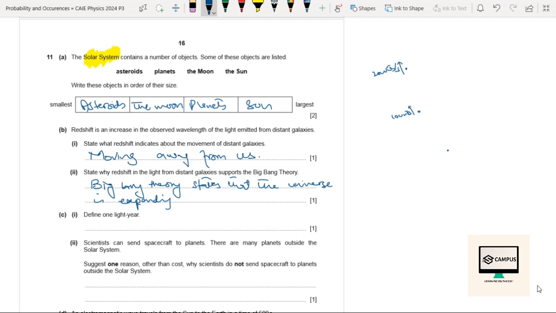And the redshifting of distant objects basically proves it or supplements it, as it also indicates that the universe is expanding. Let me also write that the redshift supports it.